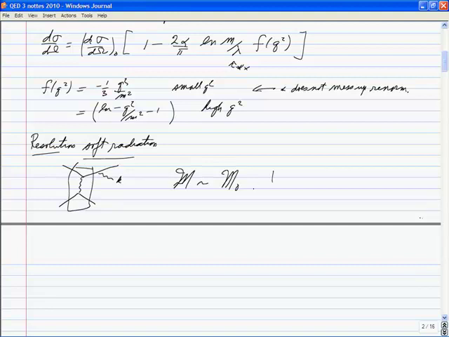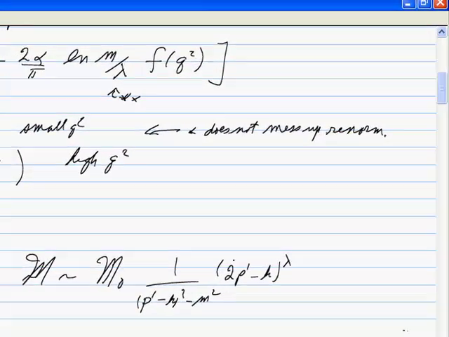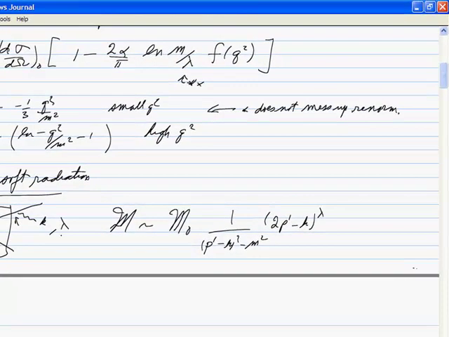Then there's a propagator, 1 over (p prime minus k) squared minus m squared from the propagator piece, and upstairs there's an extra coupling 2p prime minus k. If this is polarization lambda, that's polarization lambda.